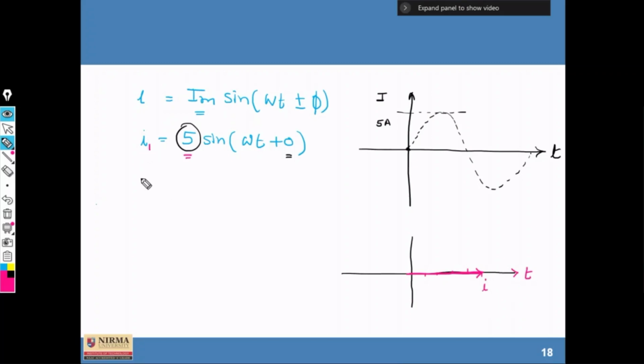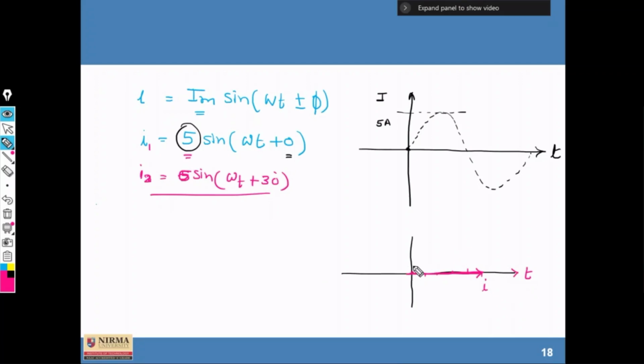Now suppose another example, 6 sine omega t plus 30 degree. This current I2 can also be represented in the form of a vector.